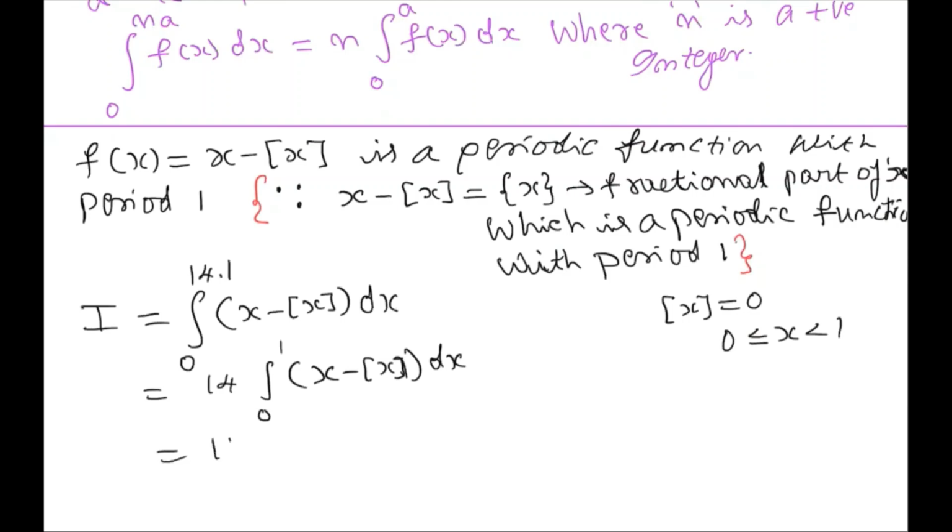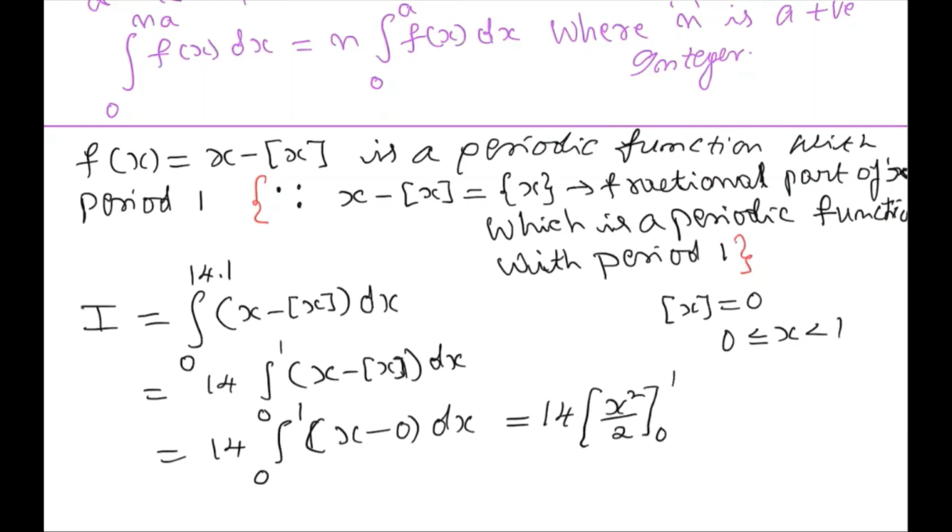So that is 14 times integral 0 to 1 of x minus 0 dx. Now integral of x is x square by 2 between 0 and 1. That is 14 times, put x equal to 1, upper limit minus lower limit, that is 0. So the final answer is 7.